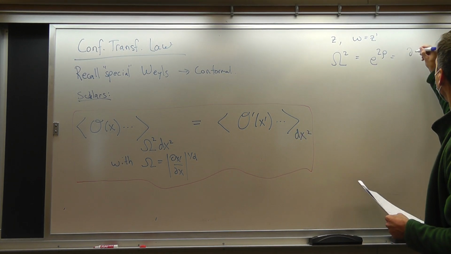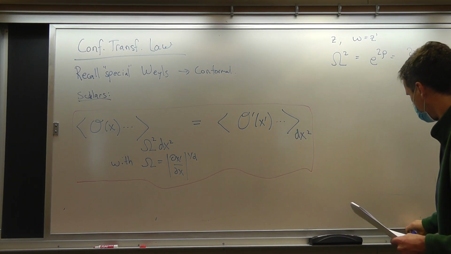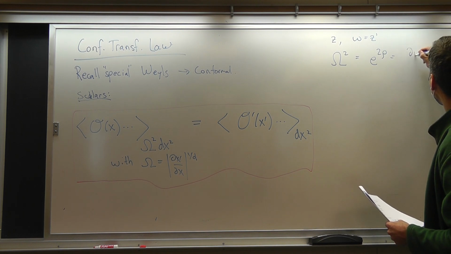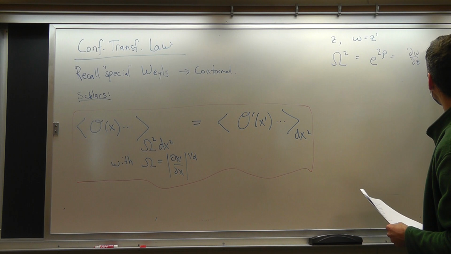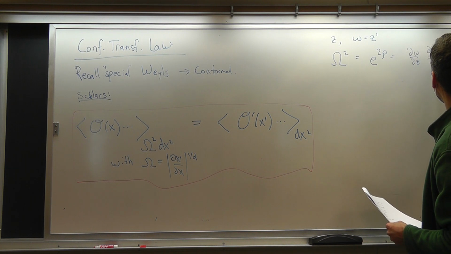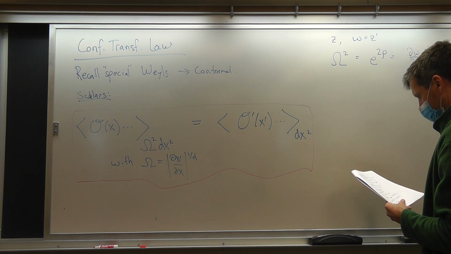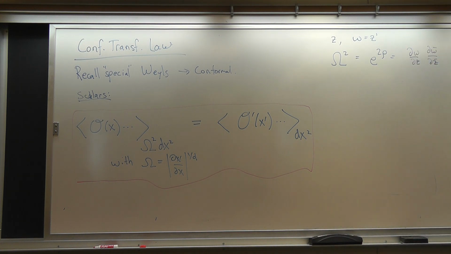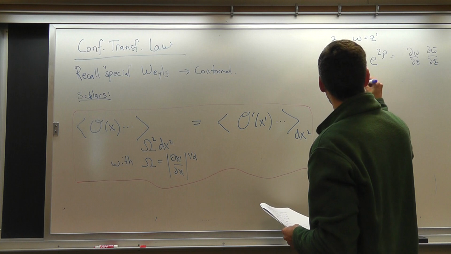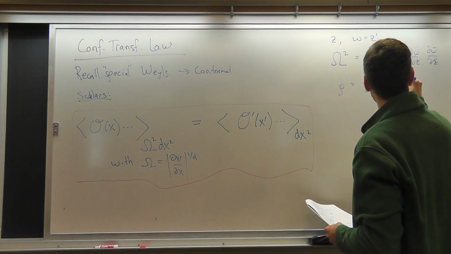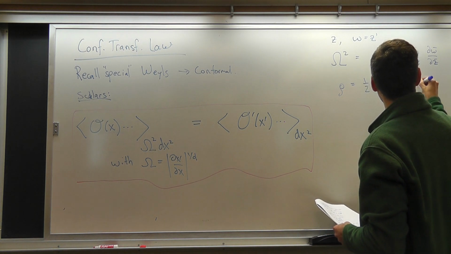In this case, that's dw dz, dw bar dz bar. So rho is therefore a half log of w prime of z, w bar prime of z bar.